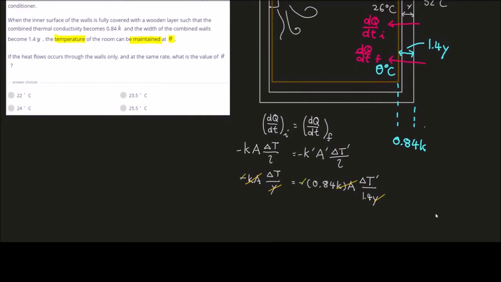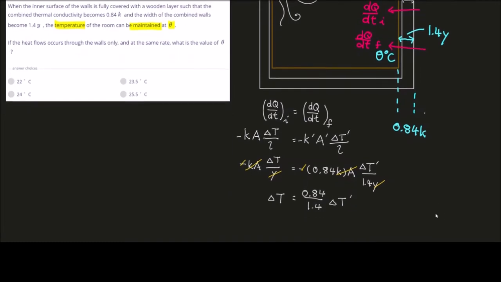So now you are left with the original temperature difference is equal to 0.84 divided by 1.4 times the new, not new change in temperature. No, it's not change, it's difference in temperature between the outside of the room and the inside of the room. Now I'm being angry with myself already.